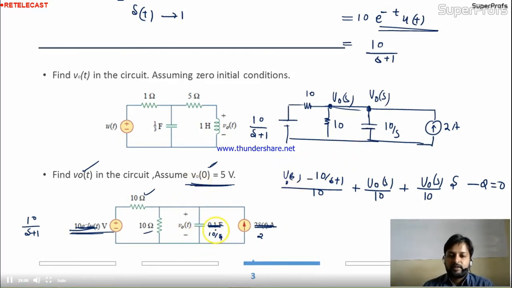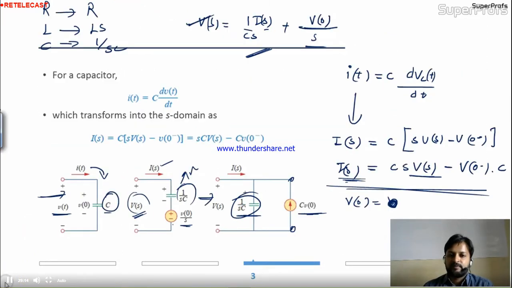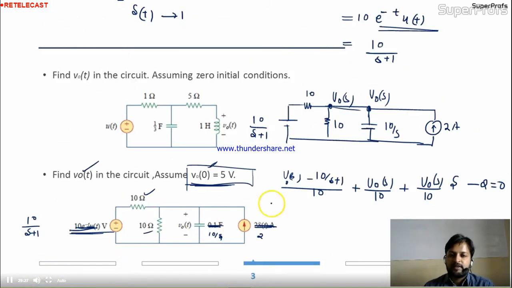For the capacitor voltage they have given the initial voltage also. So how to replace the initial voltage? We have seen last time. See, here is the capacitor. In series with the capacitor, V naught by s also I have to write, right? So the transformation of this circuit will have another term.